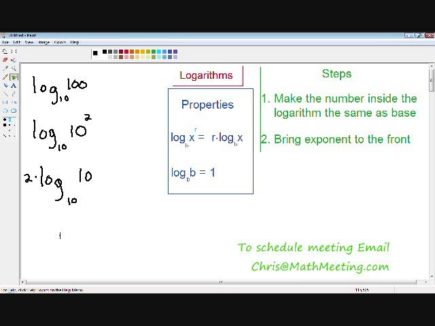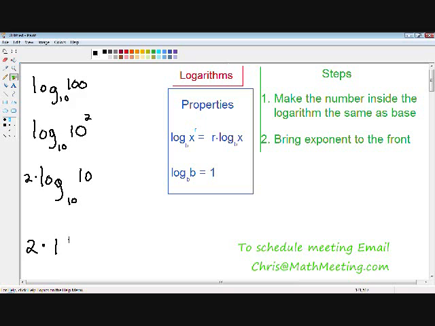Now if you notice, we have a base of 10, and now the number inside of the logarithm is a 10, and according to the second property, if the base is the same number that's inside the logarithm, that just equals 1. So I'm just going to bring down this 2, and I'm going to multiply it, and instead of writing it as a log base 10 of 10, since the base is the same as the number that's inside the logarithm, I'm just going to rewrite it as 1.